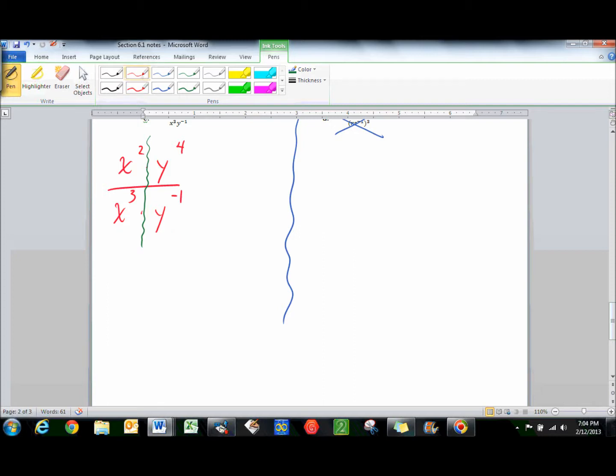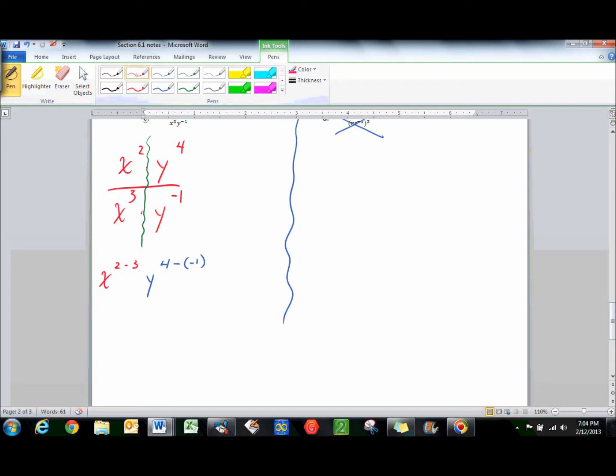So if I'm working with the x's, I have x squared divided by x to the 3rd, and of course that's going to be subtraction. Then, and I'll use a different color here, I can do the y parts as well. So 4 minus, and since the exponent on the bottom is already a negative, we need to subtract the negative value.